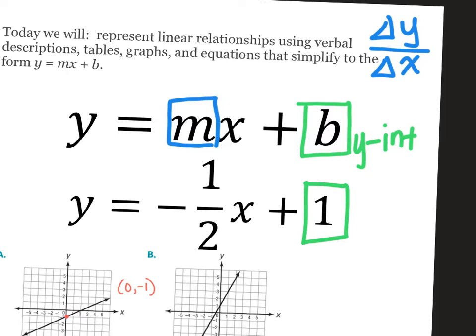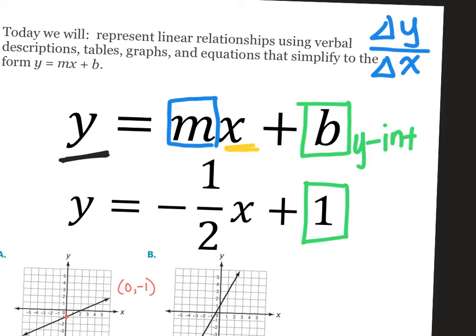So I showed you the rate of change m, the y-intercept, and it's represented by a b here because the y-intercept is the point where the line crosses the y-axis, and it's not the y value itself, right? The y value is something entirely different. If you watch the video, it also talked about this x here being the input, and then it talked about this y over here as the output. We're going to see what all that means.